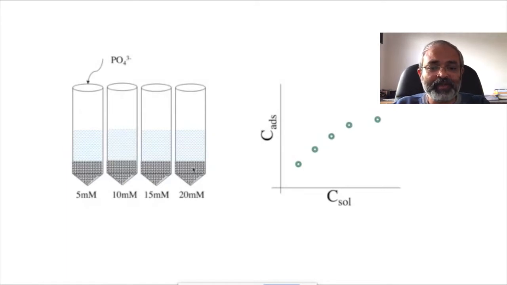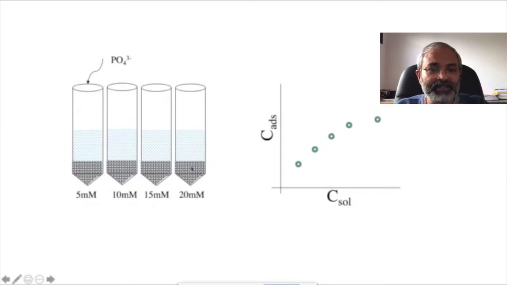Once you have that, you let the solution equilibrate with your sediments over time, usually within 24 hours. If the reaction is fast enough, this reaction will be in equilibrium, which means most of the phosphate that was supposed to be adsorbed onto your sediments would have adsorbed.